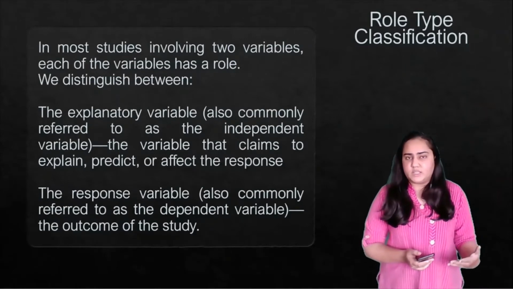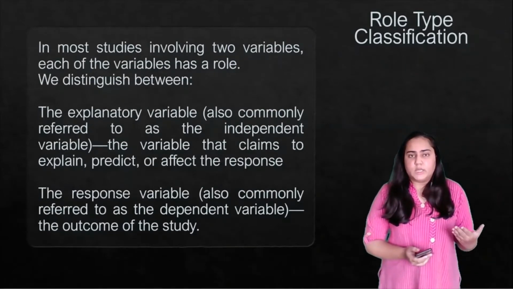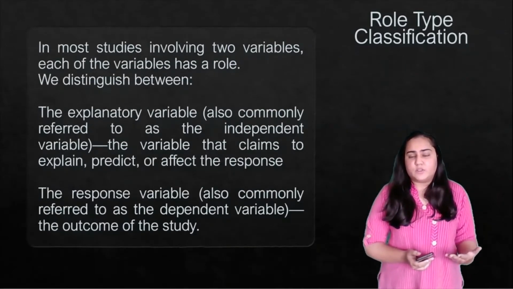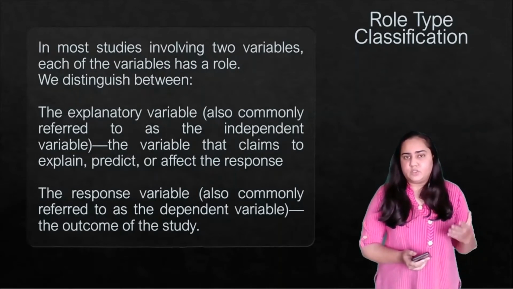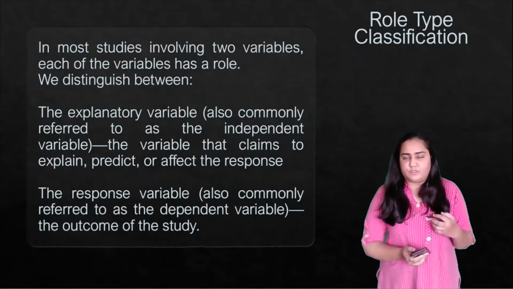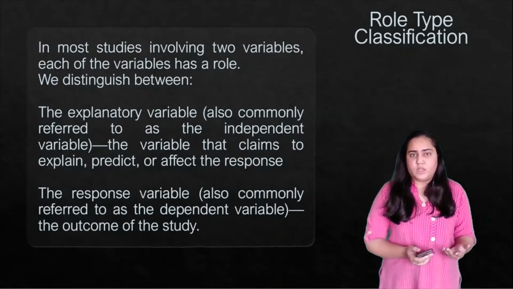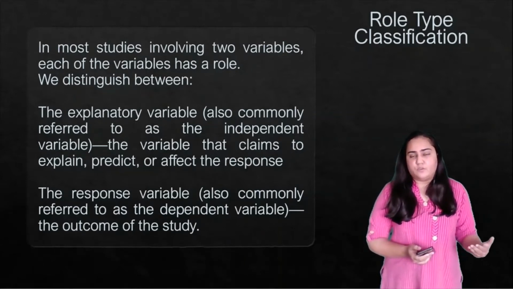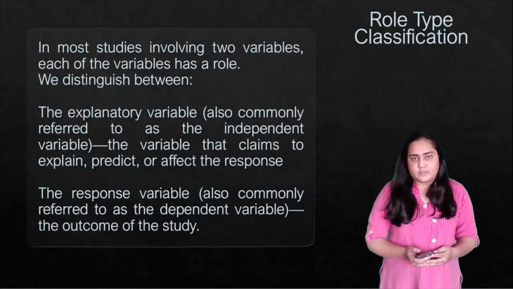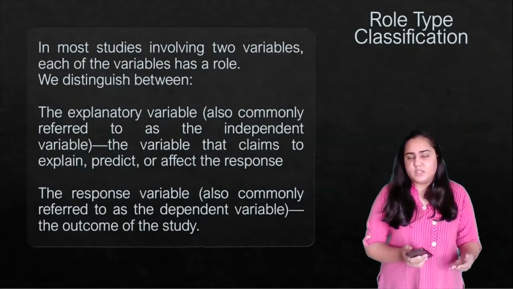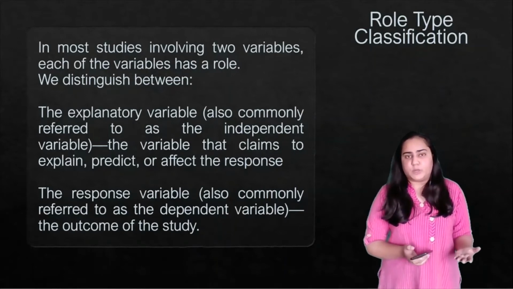Now, in most studies involving two variables, each of the variables has a role. So if you have two variables like we saw in the questions before, then each variable has a different role to play in the analysis. And we distinguish these variables into two parts.